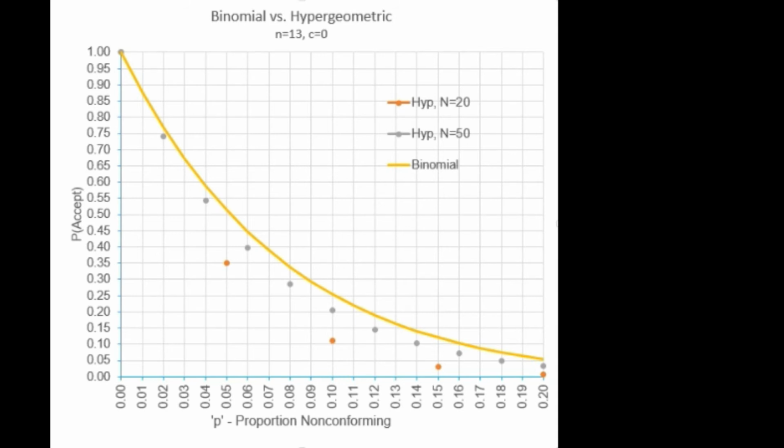In the chart, you see the hypergeometric shown as a bunch of dots because it is not a continuum. Somebody would just be connecting those points. It's discrete values. The hypergeometric distribution can be your friend.